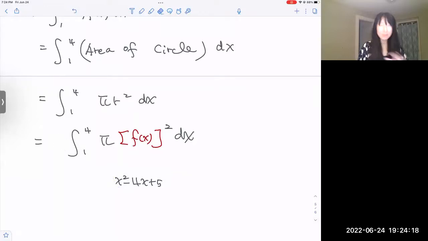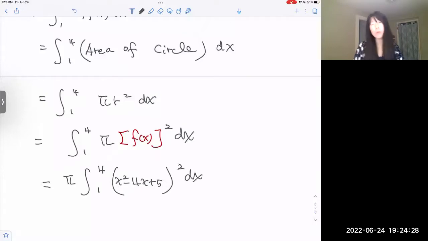I wanted to take the pi out of the integration this way. So let's take out the pi, 1 to 4, and square them. Okay? All right, square them. I got that I worked earlier.